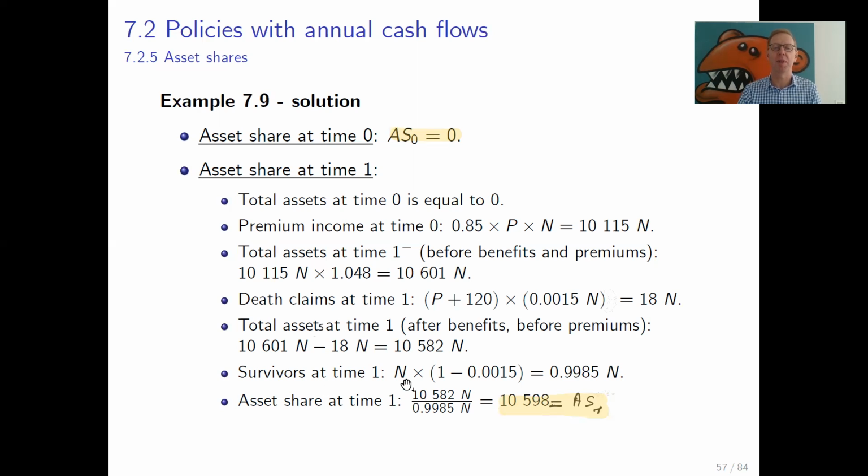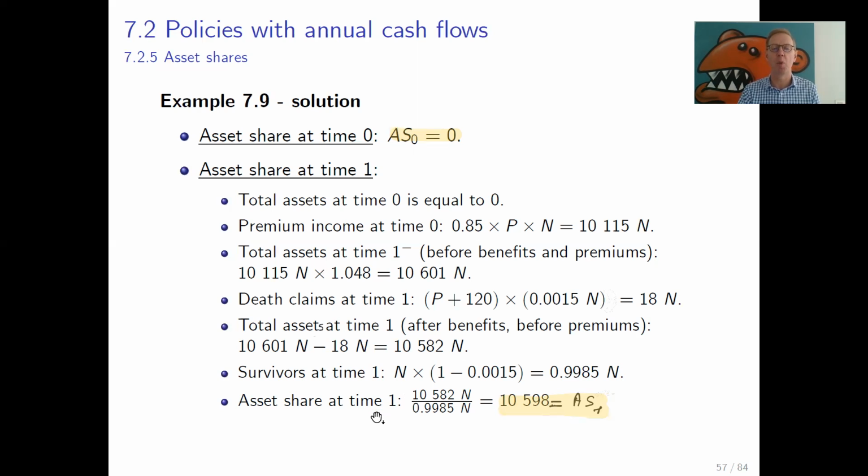How many survivors are there at time 1? Well, we started at time 0 with n people. The frequency of surviving was 1 minus 0.0015. Multiplying this by n gives 0.9985 n. That's the number of survivors at time 1 in our portfolio.